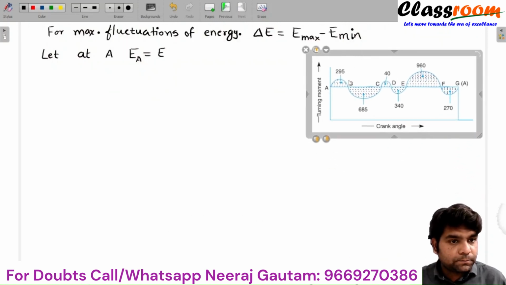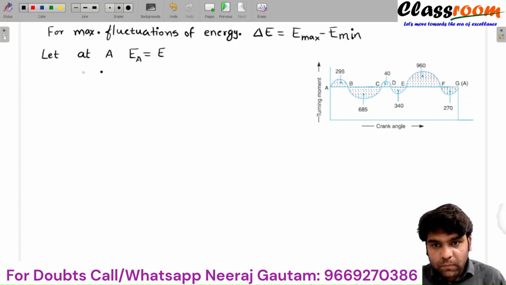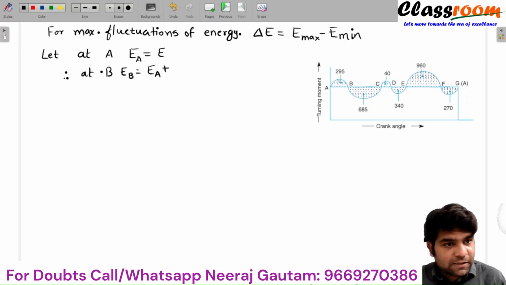Here, the energy at B will be: energy at B is equal to energy at A plus this area 295, and 1 mm square area represents pi by 36 Newton meter energy.